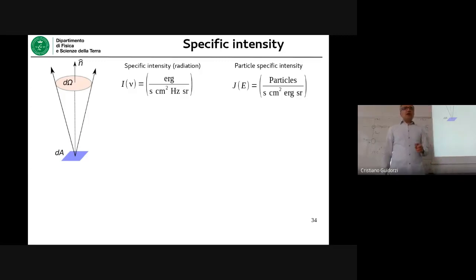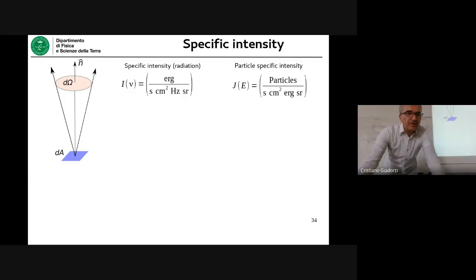Look at the way it is defined, and look at the drawing, the figure on the left. It's energy per unit time, per unit area, per unit frequency, per unit solid angle. So erg per second, per square centimeter, per hertz, per steradian. Let's have a look at the figure.